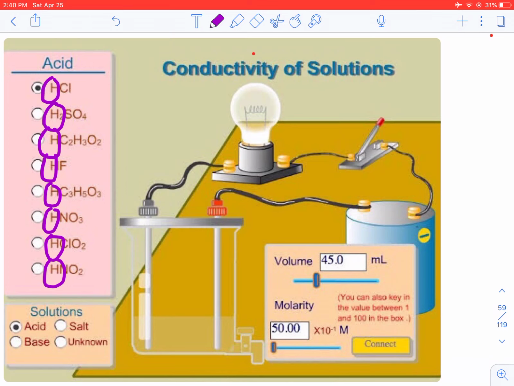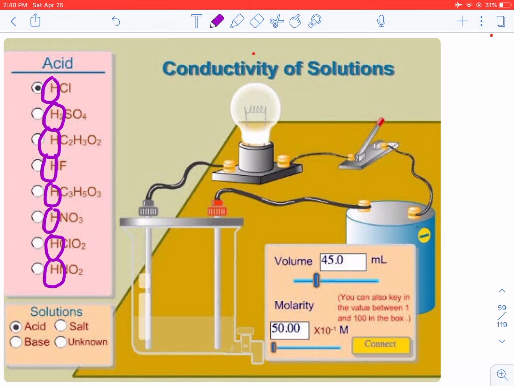And if they form electrolytes, what's it telling us? HCl is a molecular substance. If it conducts electricity, that means that in the solution there are ions. So we need to see where we have a molecular substance that dissolves in water and can form ions. There are other molecular substances that dissolve in water and they do not form ions. So acids, when they dissolve in water, form ions.